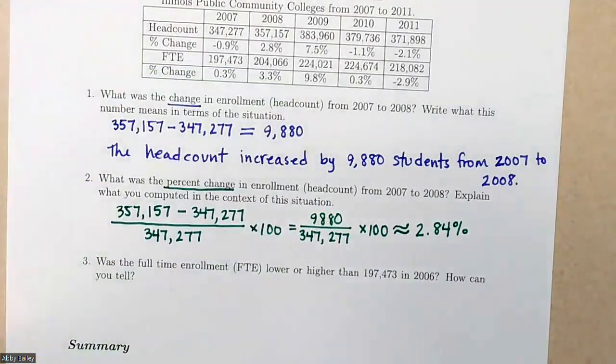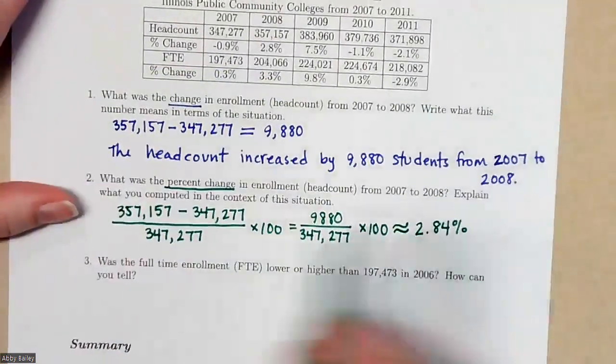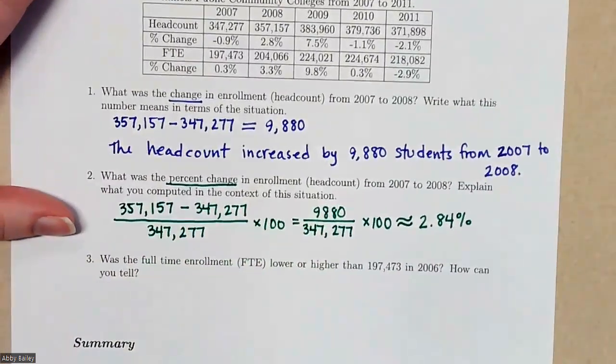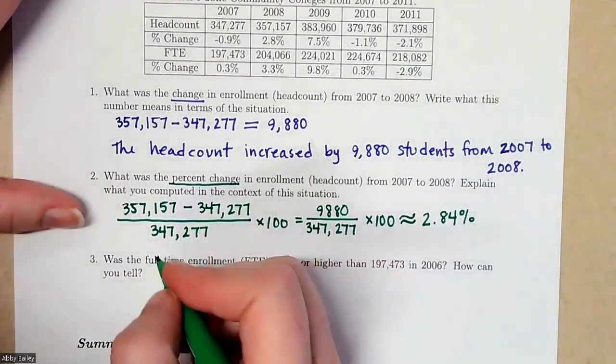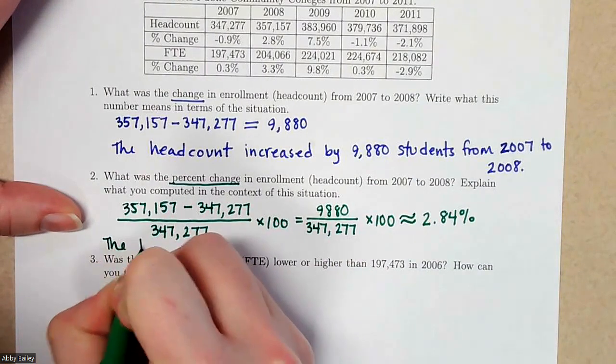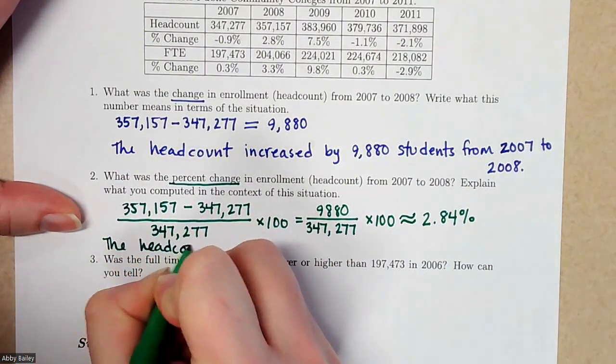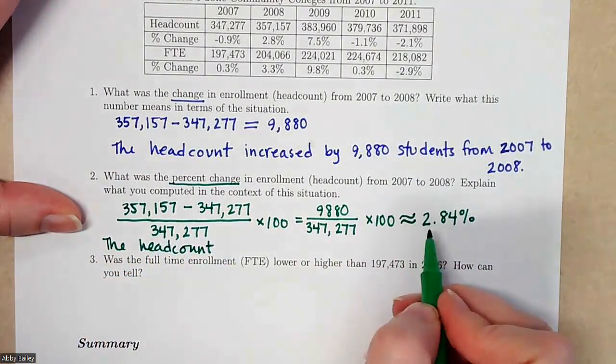Okay. So explain what you computed in the context of this situation. Okay. The head count, and because it's positive, it still is an increase.